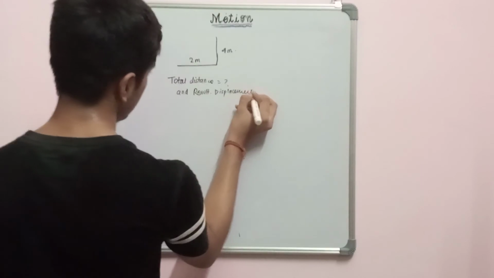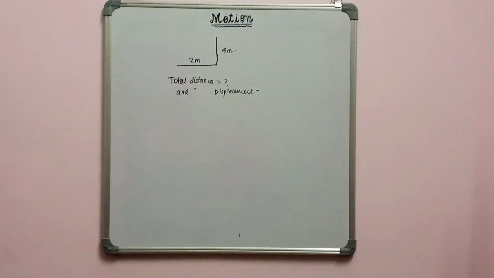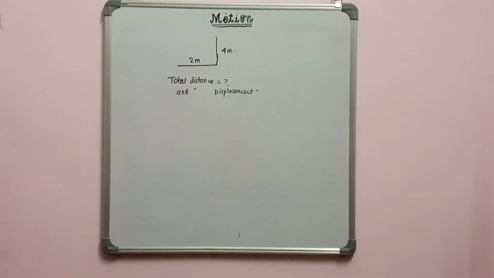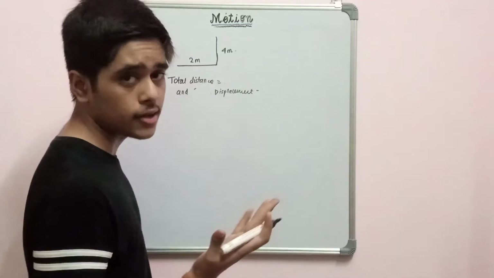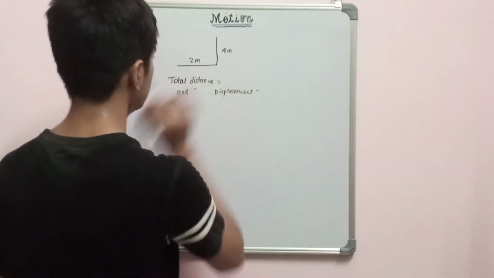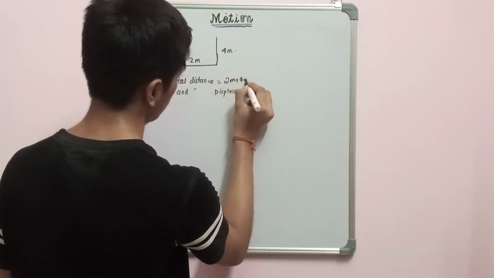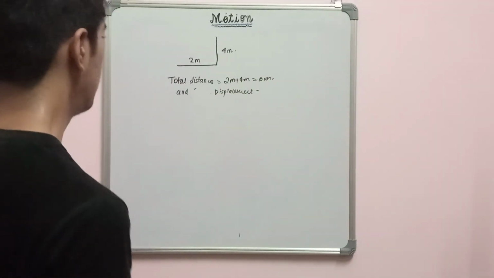Tell me what is the distance and what is the displacement here in this case. Think. It's actually the definition. Just from the definition this question can be solved. Total distance is the actual length of the path covered by the body. So this is 2, this is 4. What will be 2 meter plus 4 meter? 6 meter. Very simple.